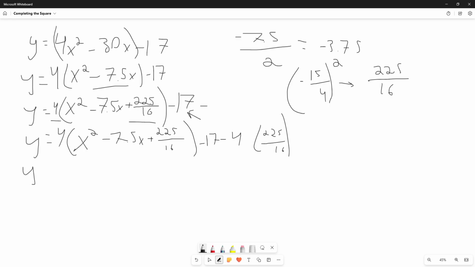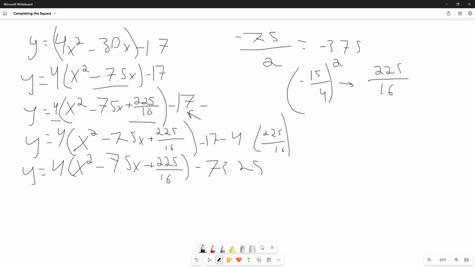So we'll write it out. Y equals 4x squared minus 7.5x plus 225 over 16 minus 73.25.